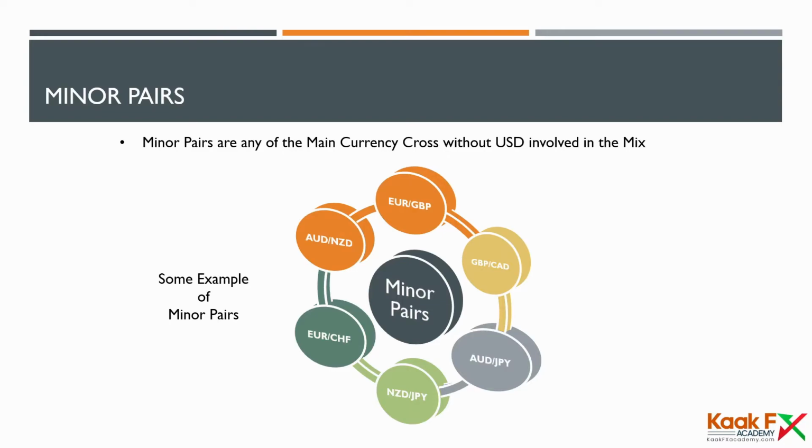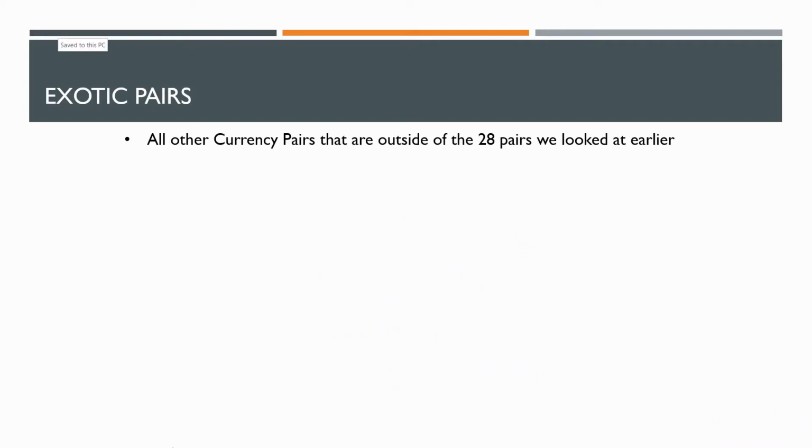And now we are looking at exotic pairs. What are exotic pairs? Exotic pairs are all other currency pairs that are outside of the 28 pairs that we looked at earlier. So our main currencies make up 28 pairs, and anything outside of the main currencies that makes up a pair would be considered an exotic pair.